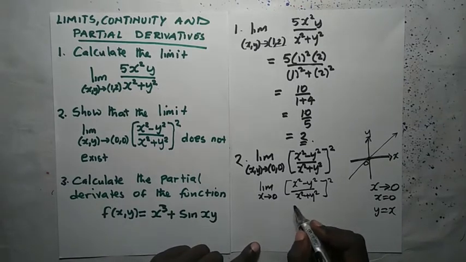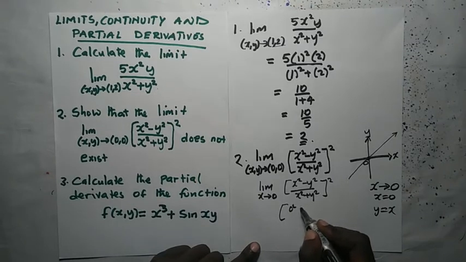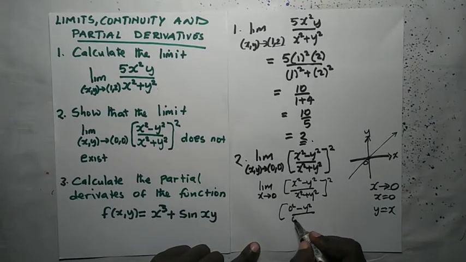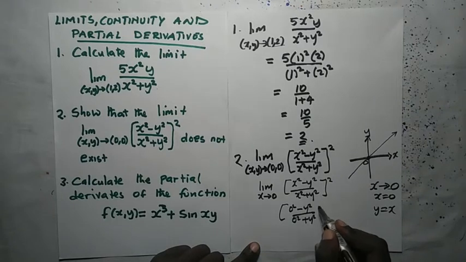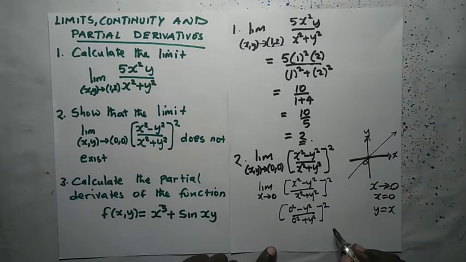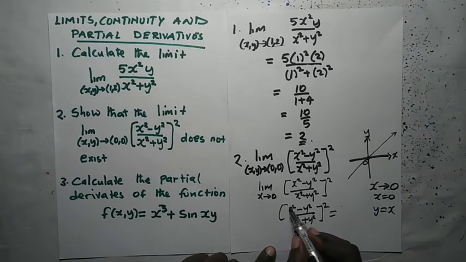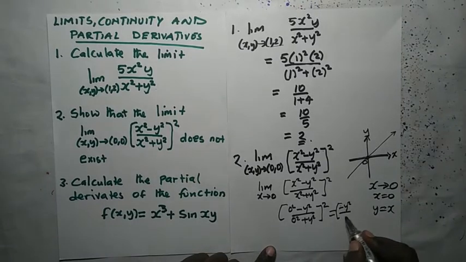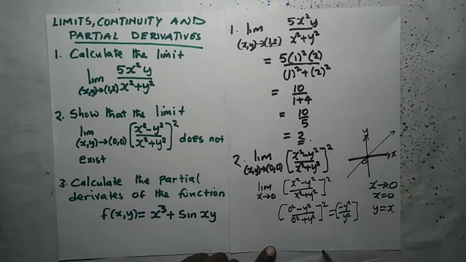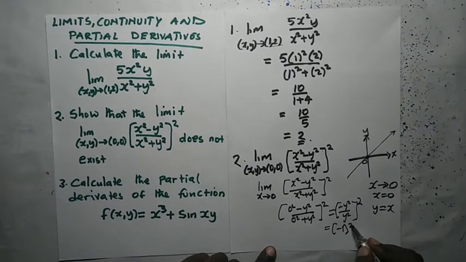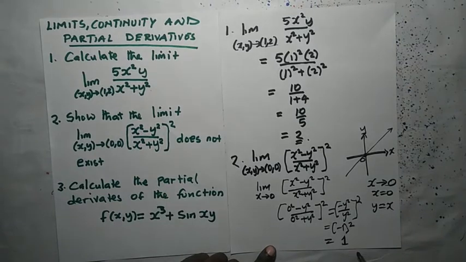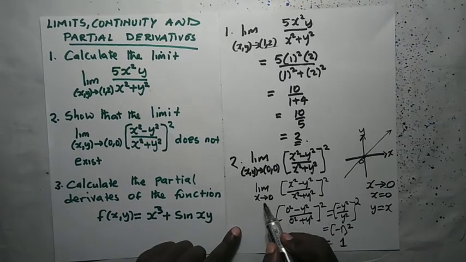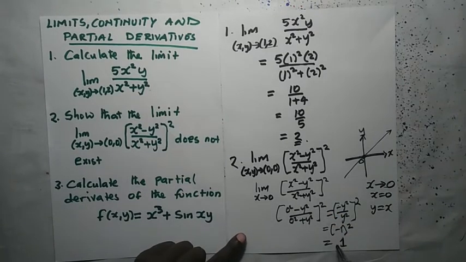We will have 0 squared minus y squared over 0 squared plus y squared, the whole component squared. 0 squared is 0, minus y squared, this gives us negative y squared over y squared, and the whole thing squared. Y squared over y squared gives us negative 1, and when you square this, you have positive 1. So the limit as x approaches 0 of this function is equal to 1.